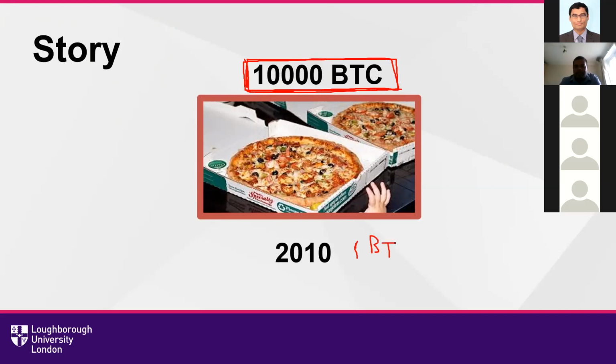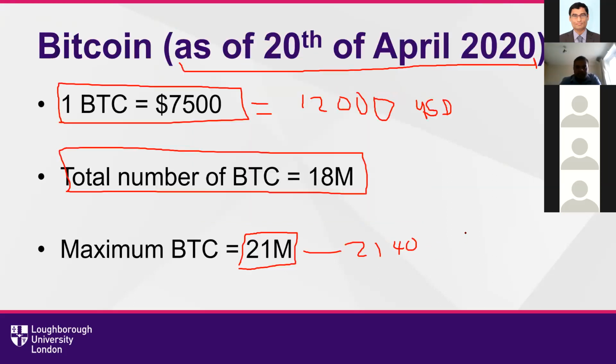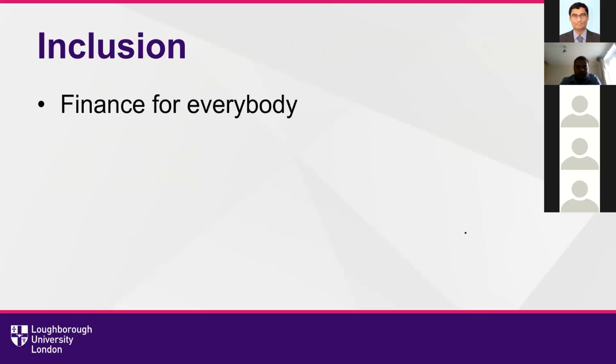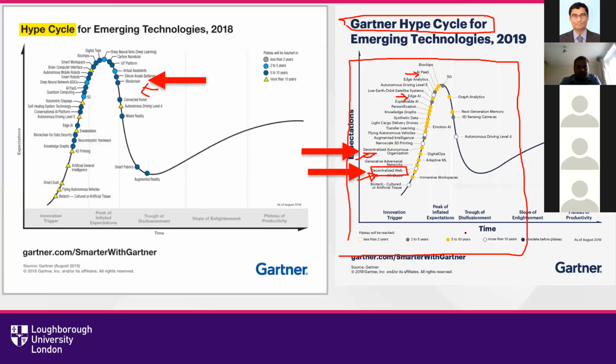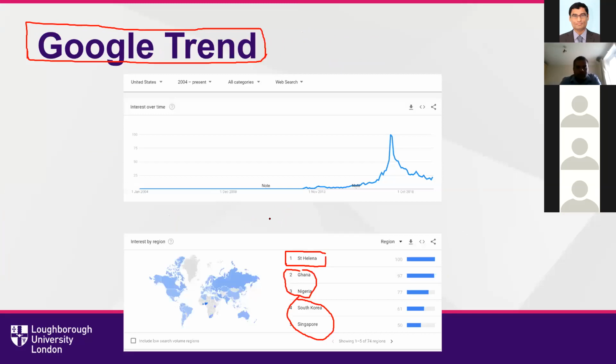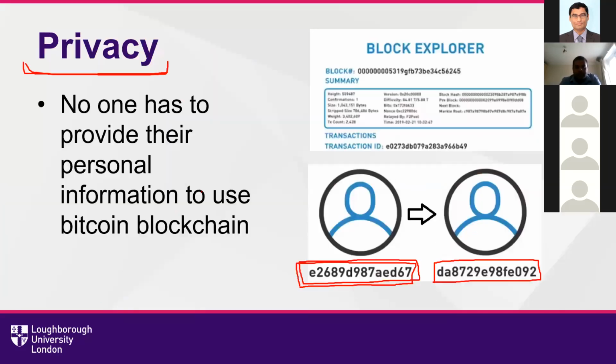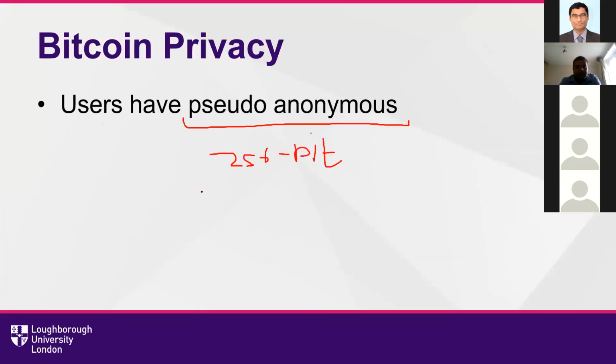Let me go to the screen. In 2010, this is where the price is pretty low. I think I'm on the wrong one, but I think you get my point.